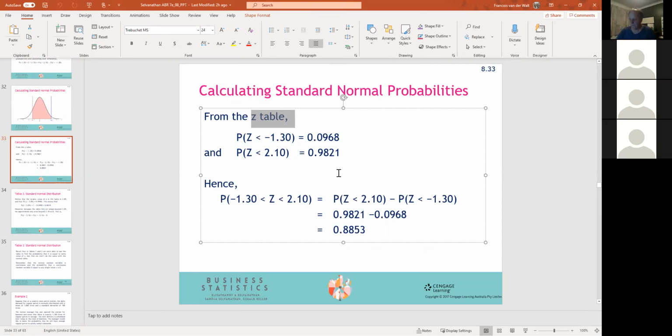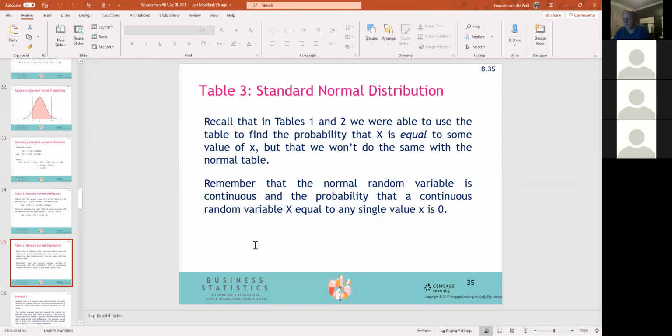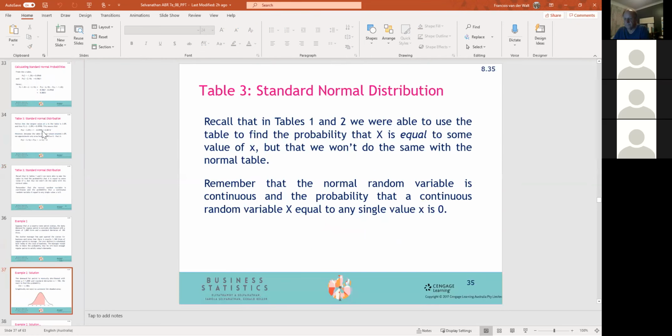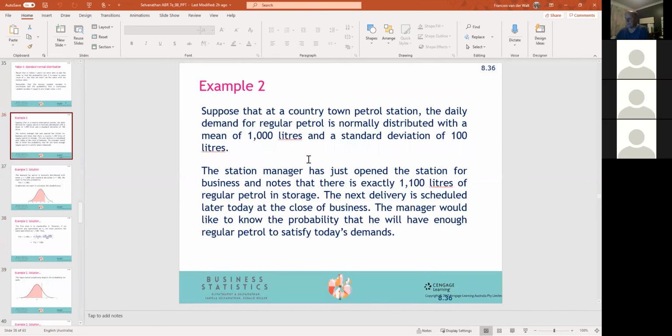So forget, in my view, the tables. And here they talk again about the table, and table 3. Forget it.